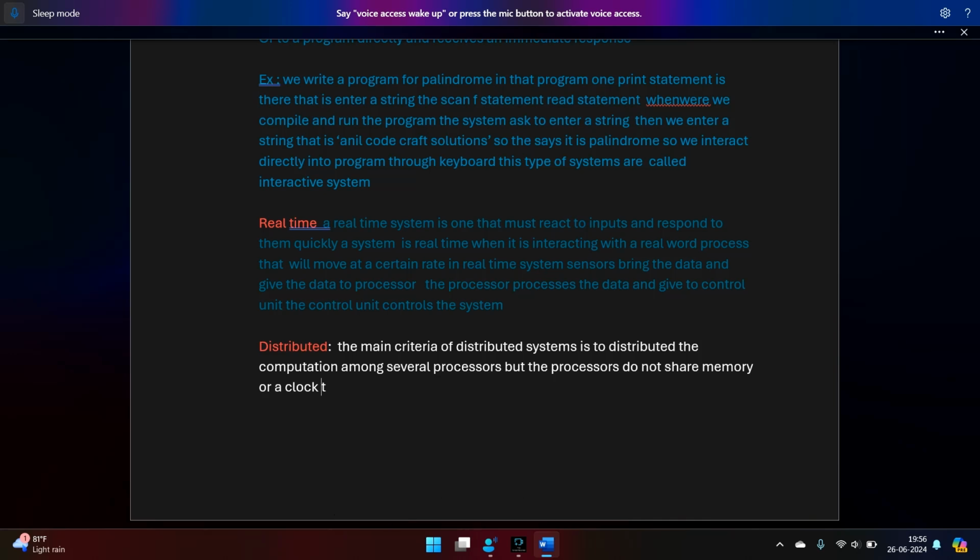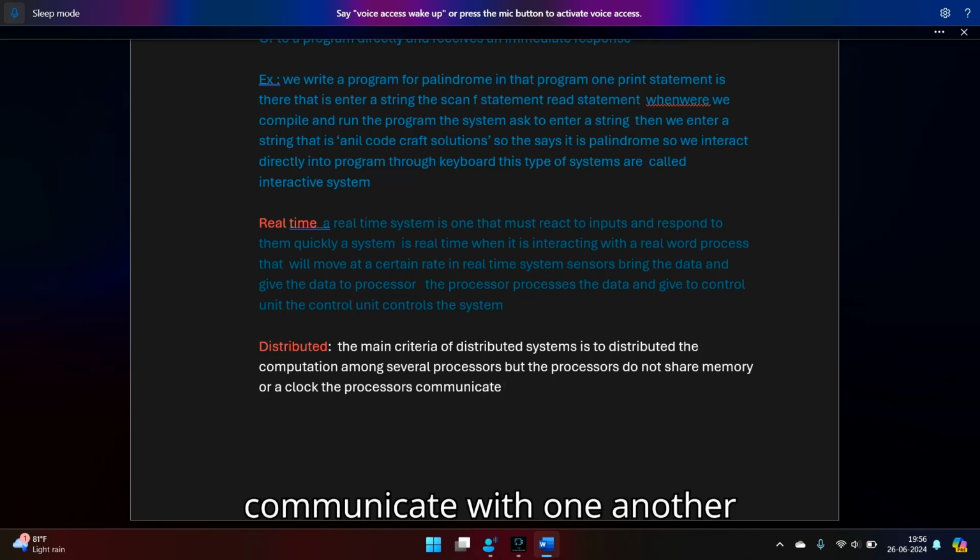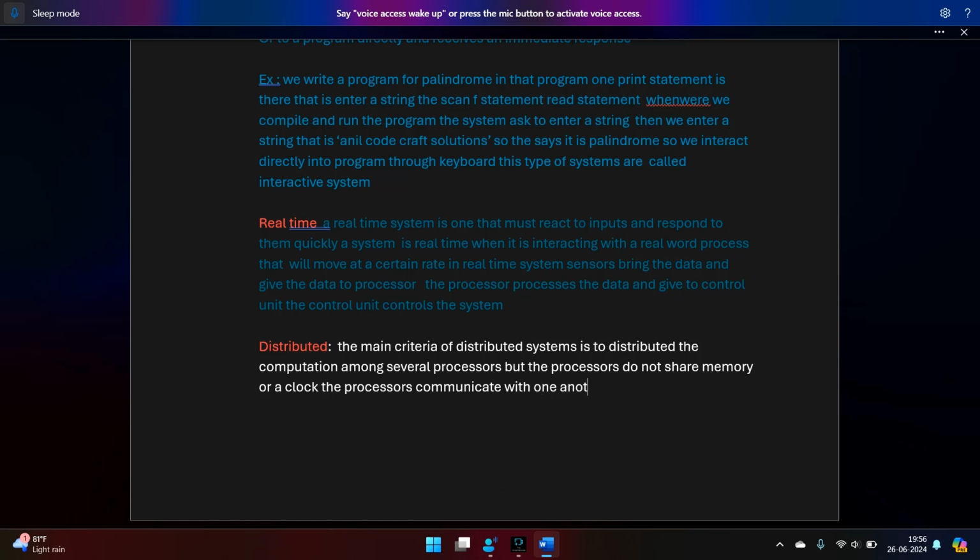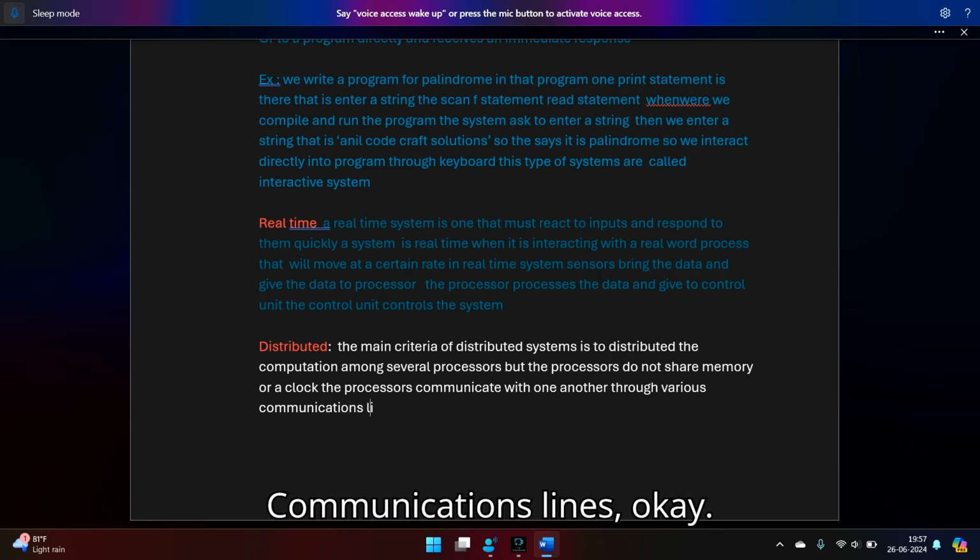The processors communicate with one another through various communication lines, such as high speed buses.